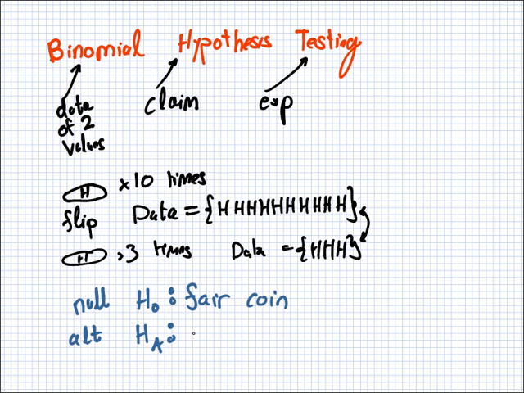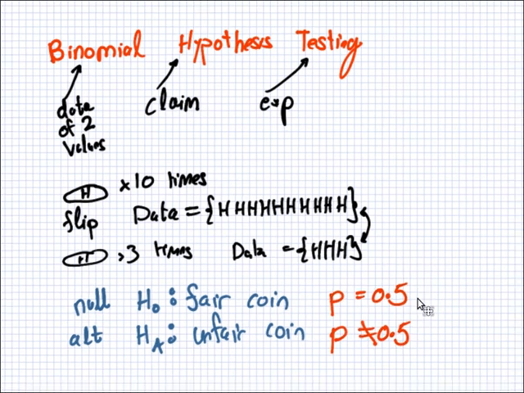What would be the counterclaim? Unfair coin. Now it's good to put a precise number on what you're saying. So when we say the coin is fair, what we're saying is the probability of heads should be 0.5. And when we're saying the coin is unfair, what we're saying is the probability of heads is not 0.5.